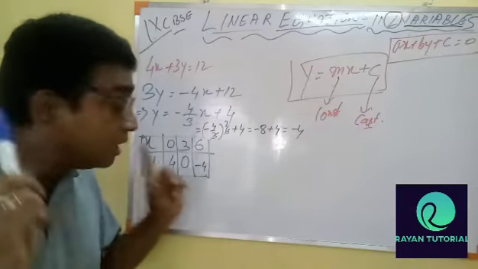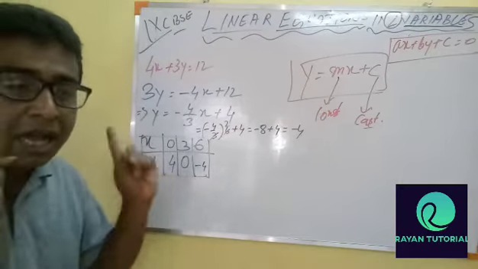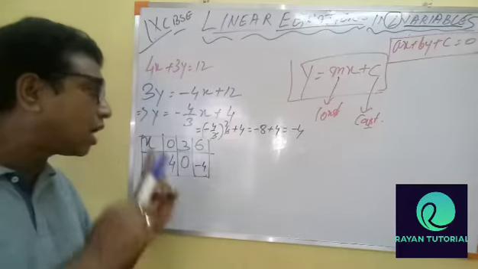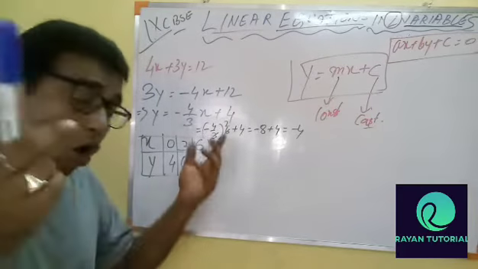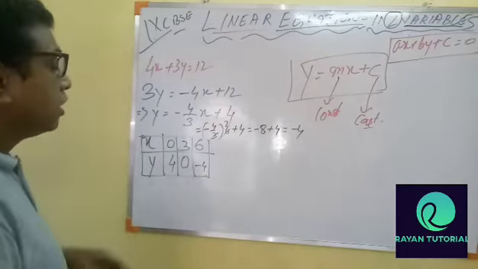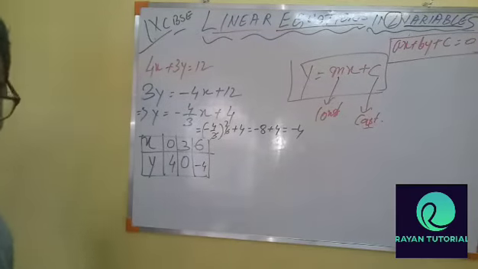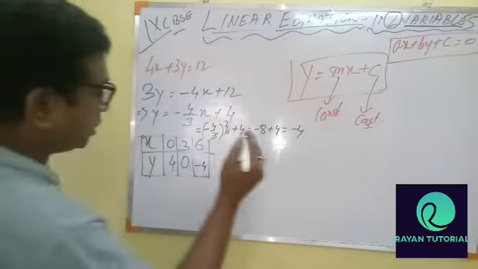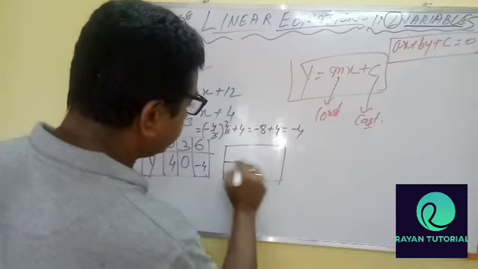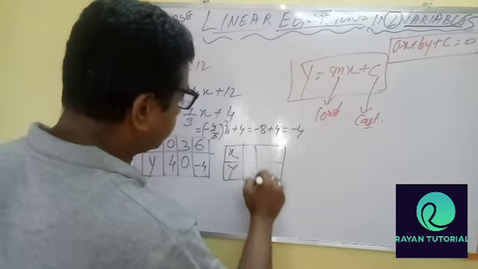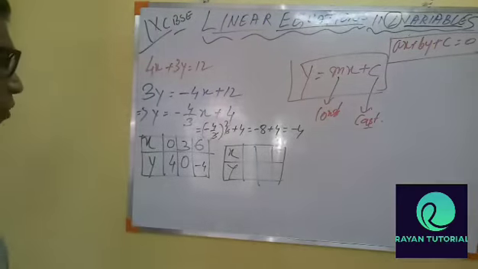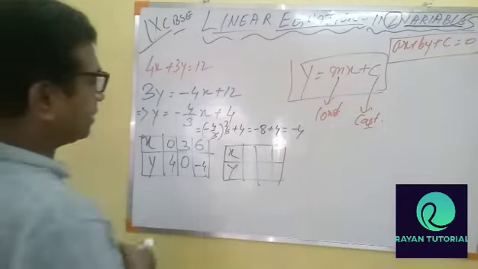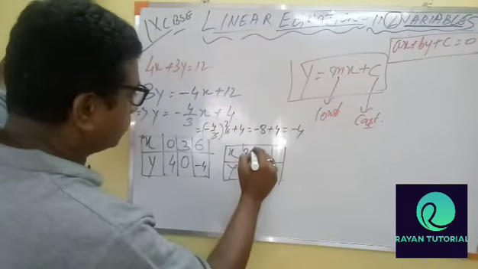And in this one, the answers will never match with the answers given in the book, or the answers of your friend, or even with me. Because suppose you make this solution, I will make a different solution. On the same question, x, y. Now see, I will take x equals 30.